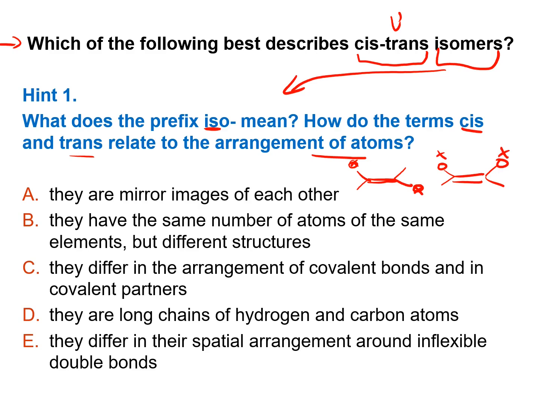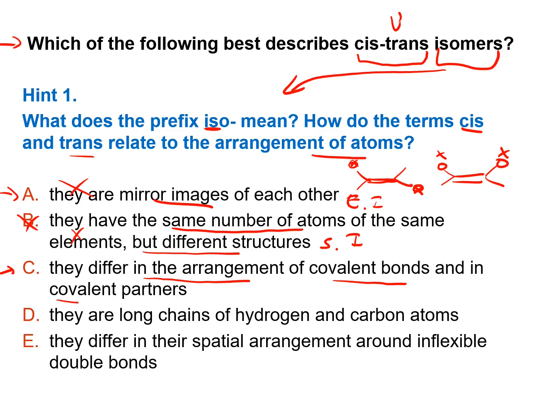So remember how many isomers there are. A is not correct because with mirror images they talk about enantiomers, so it's another type of isomer. B, they have the same number of atoms but different structure. These are structural isomers, so this is not correct. In C, they said they differ in arrangement of covalent bonds and in covalent partners.